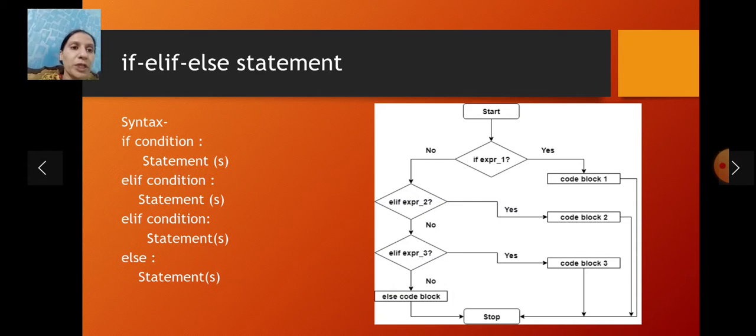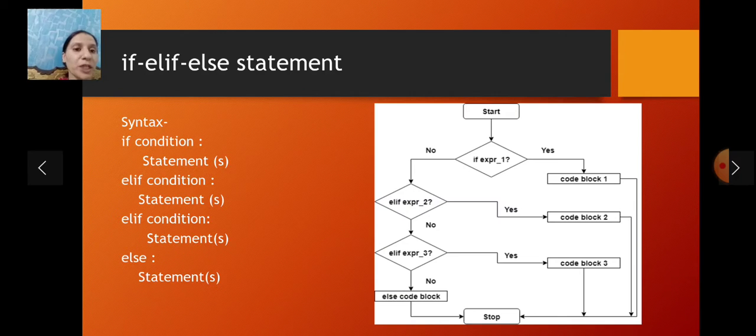The same is shown in the flowchart also. First we start, and if the expression associated with the if statement is true, then the block of statements associated with that if is executed. If no, then we move to the elif condition. If the elif condition is true, then the code associated with the elif expression is evaluated.